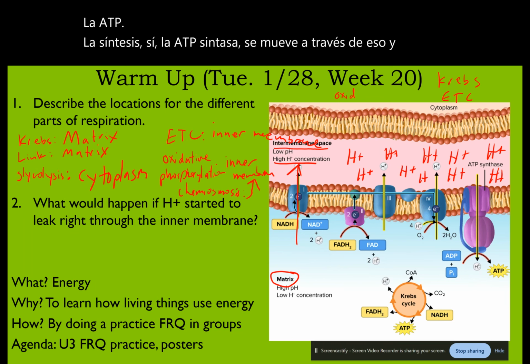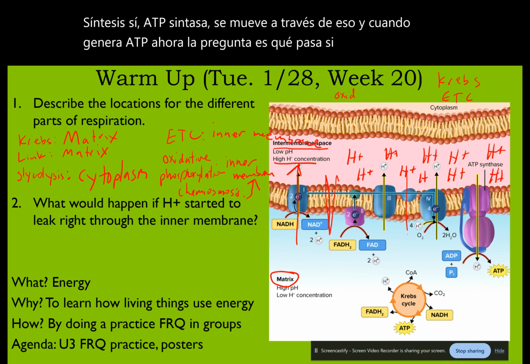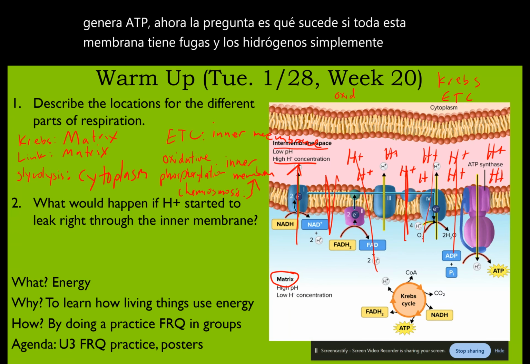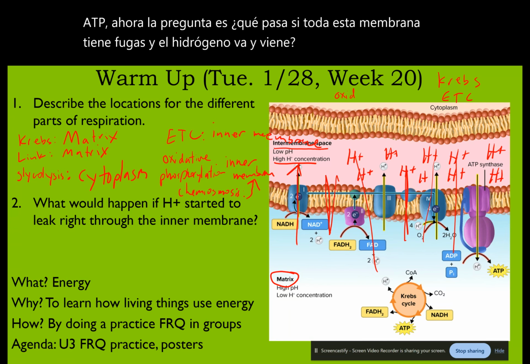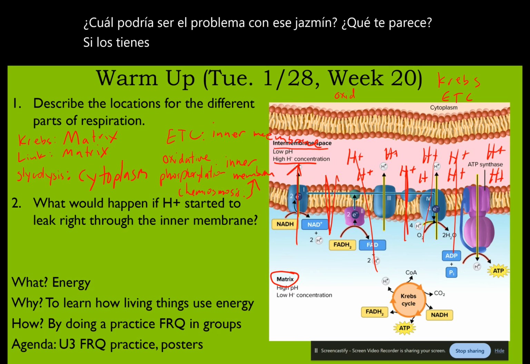Now the question is, what happens if this whole membrane is leaky and hydrogens just go back and forth? What might be the issue with that, Jasleen? What do you think? If you have them just going any which way, no order to it, why could that be a problem?